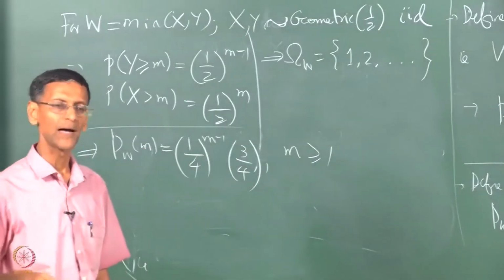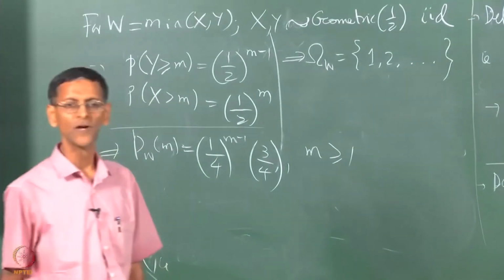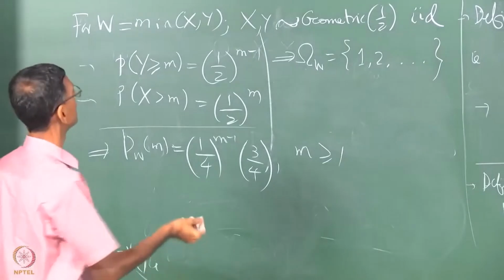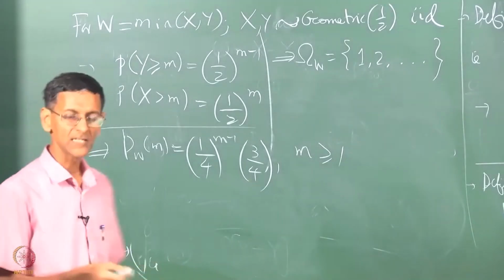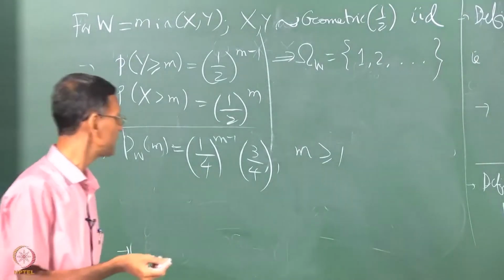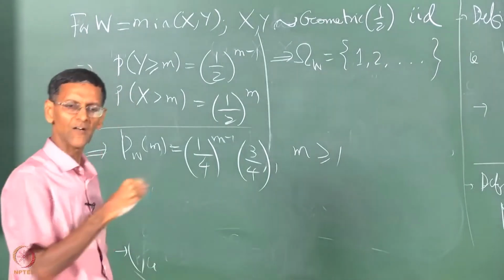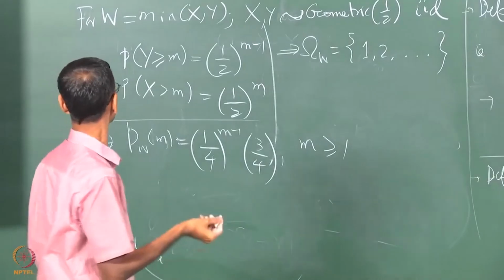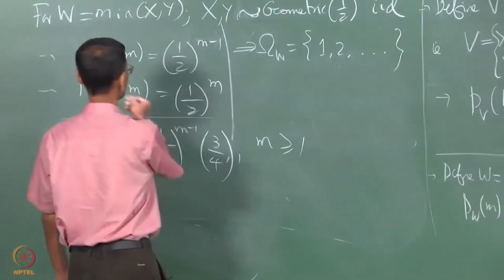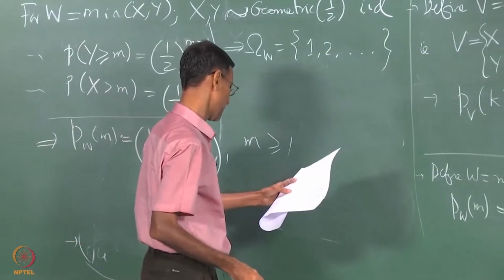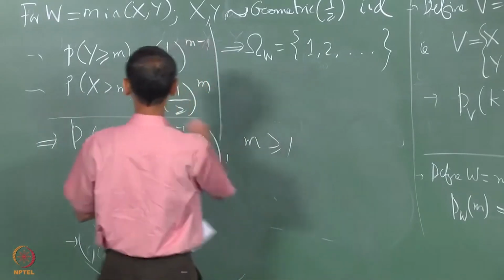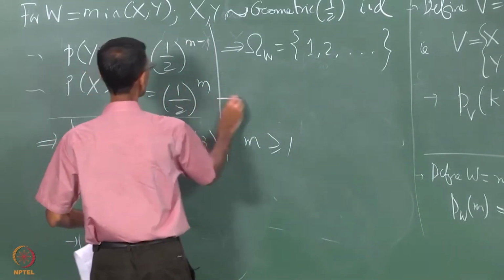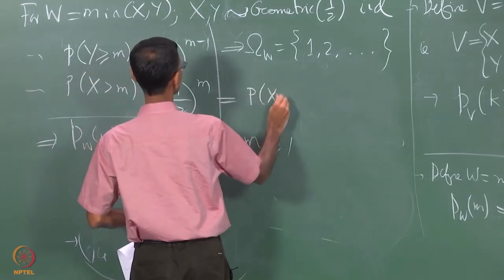For the geometric case with success parameter half, what will be P(X equal to m)? It will be half power m minus 1 into half. So just half power m. Sorry, let me, right, so that's true. So this is equal to the probability that X equals m.